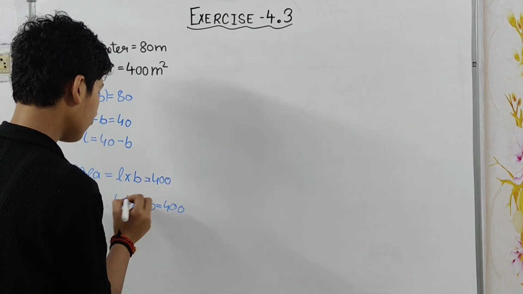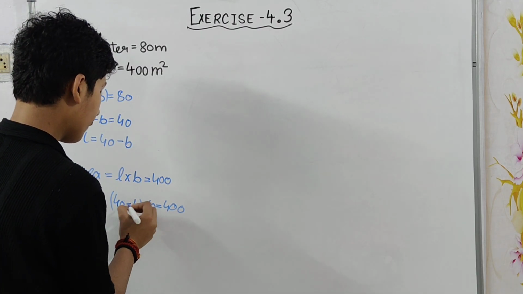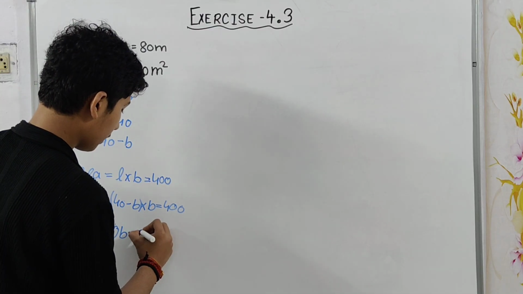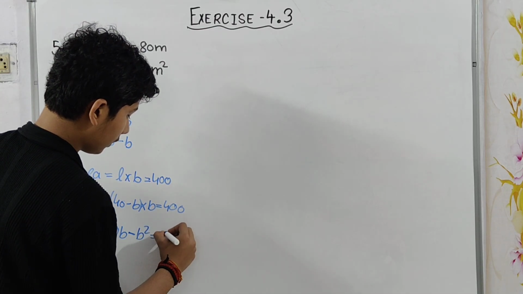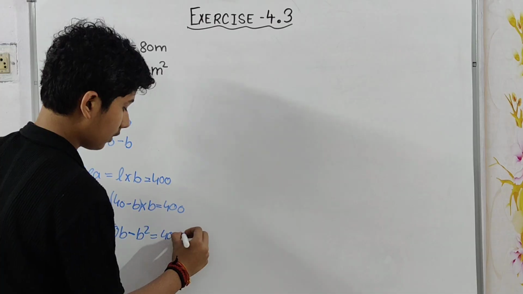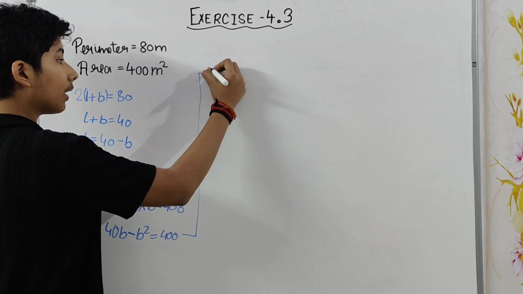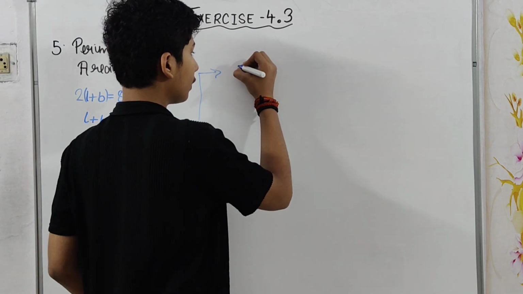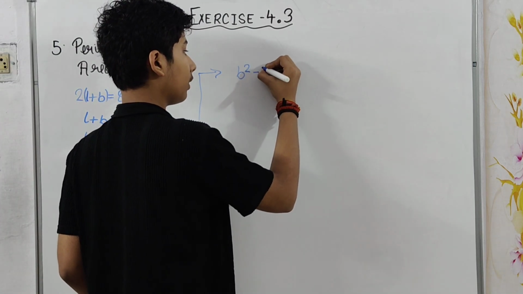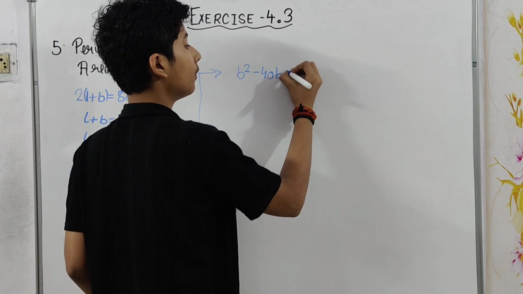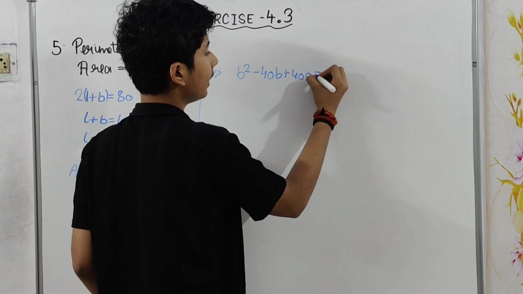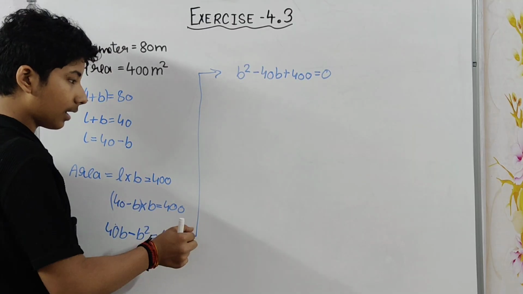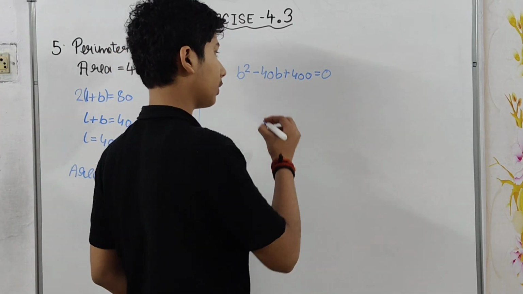Now 40B minus B square equals to 400. Let's solve it here. So 40b minus b square equals to 400. So b square minus 40b plus 400 equals to 0. I have taken this that side. We sent this that side. Then this equation has formed.